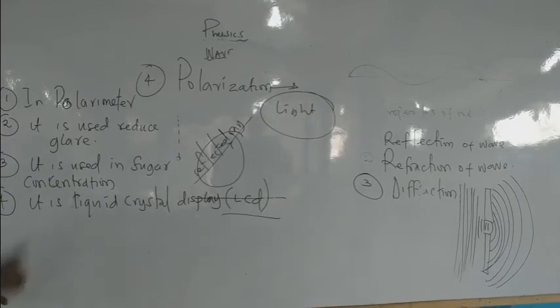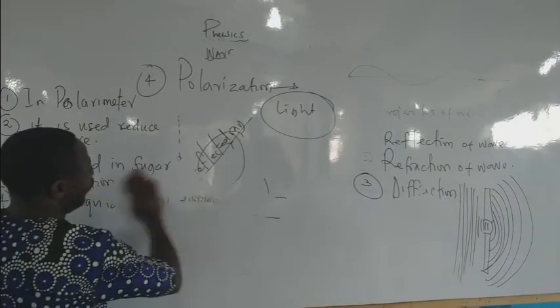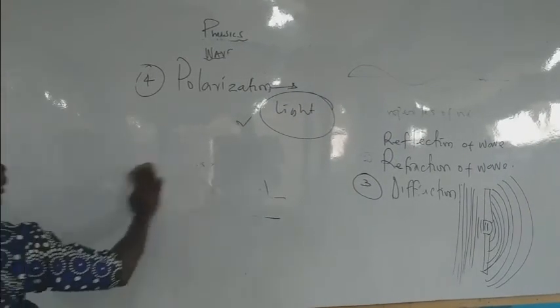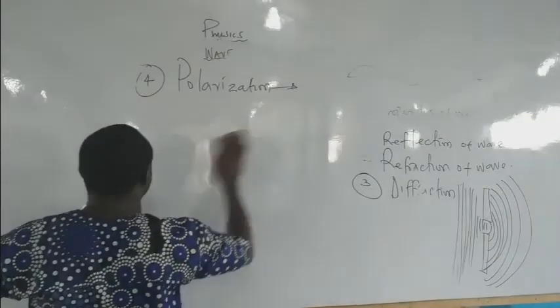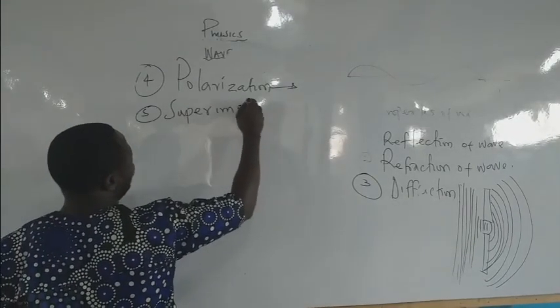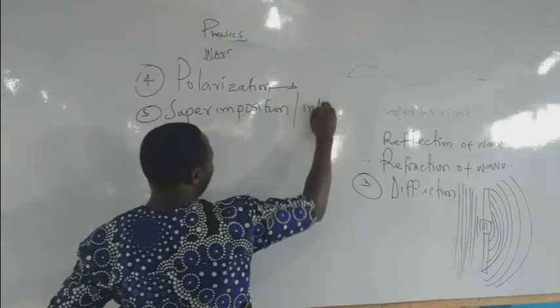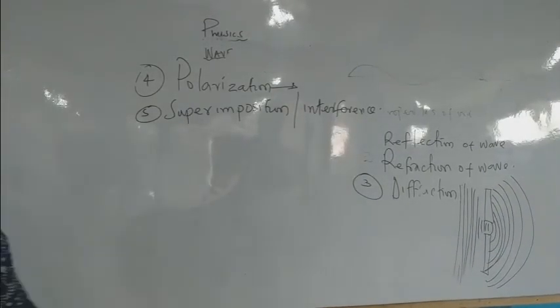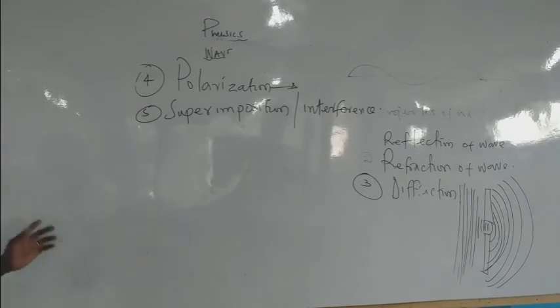Then the next one, number four of the characteristics or properties, is interference and superimposition. What is superimposition of wave? Superimposition of wave is the principle of combining two or more waves with the same or different frequency.